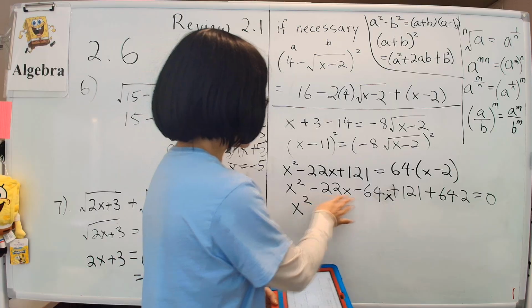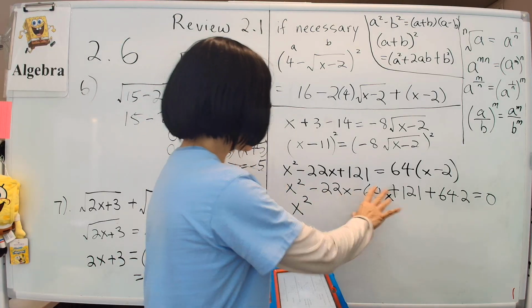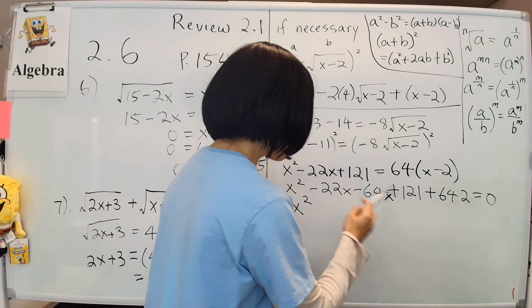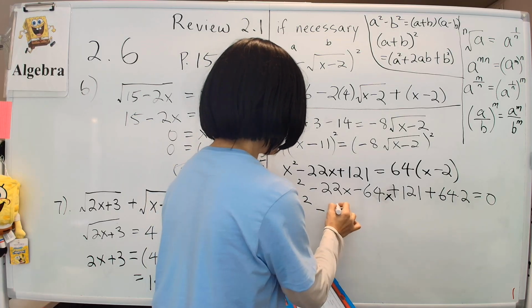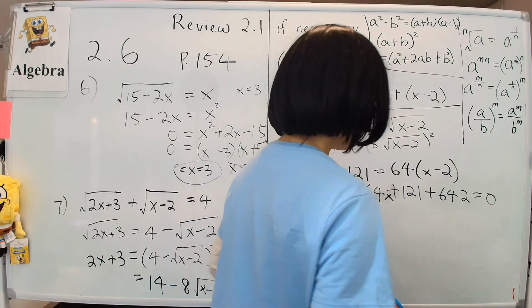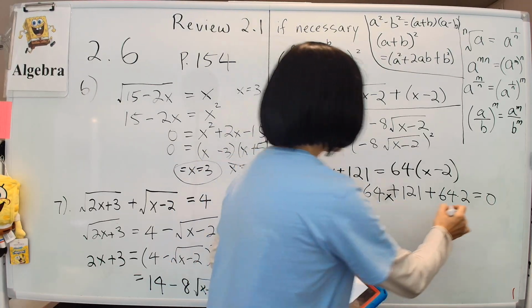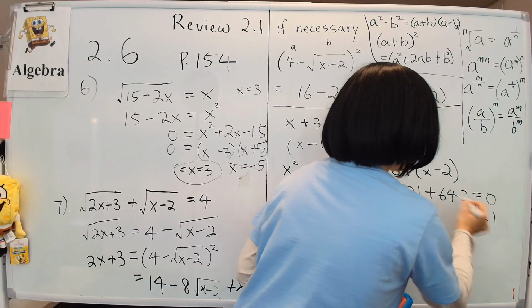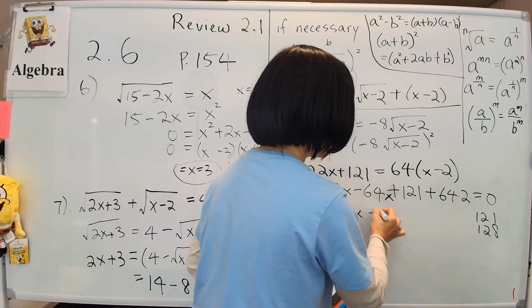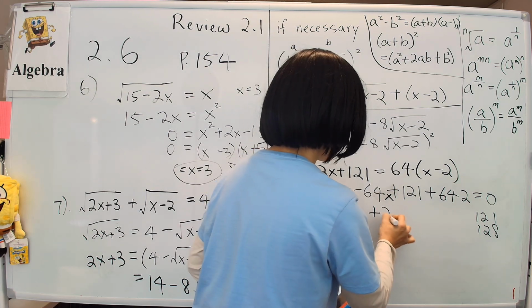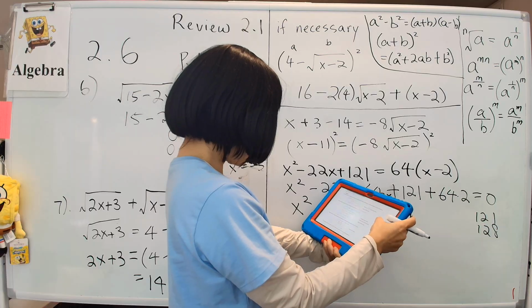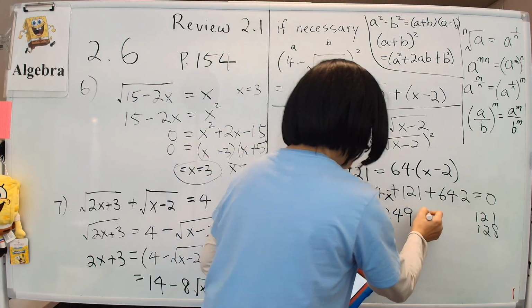I put the x back, and now we have minus 22 minus 64x, and so that becomes 86x, and then the number becomes 121 plus 2 times 64, that's 128. That should be 249, right? Is that right? Oh, I better not have made another mistake. Yep, it is correct, finally.